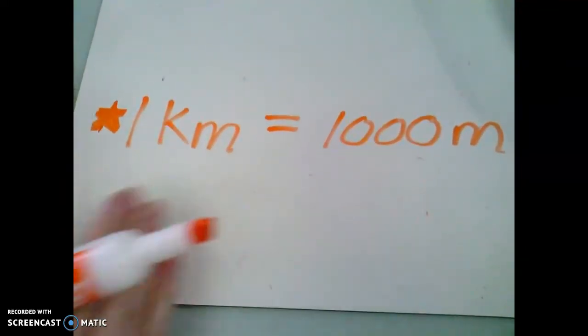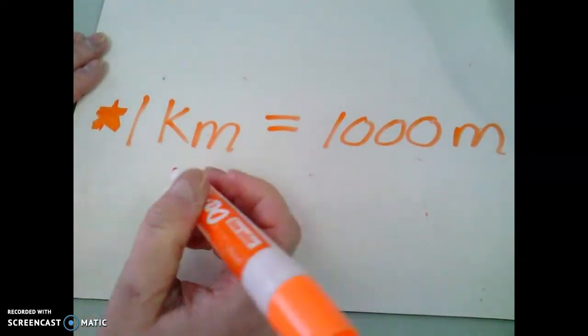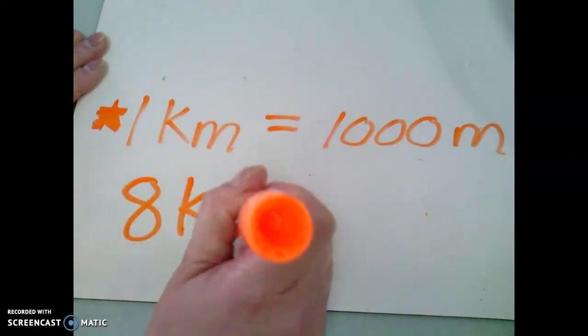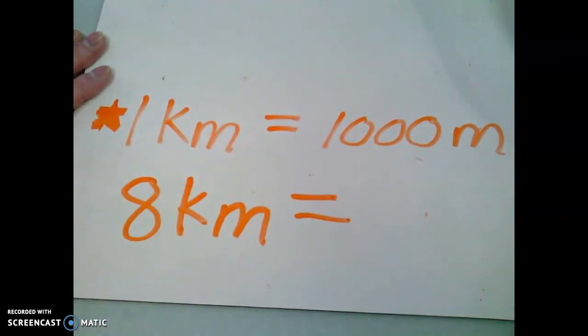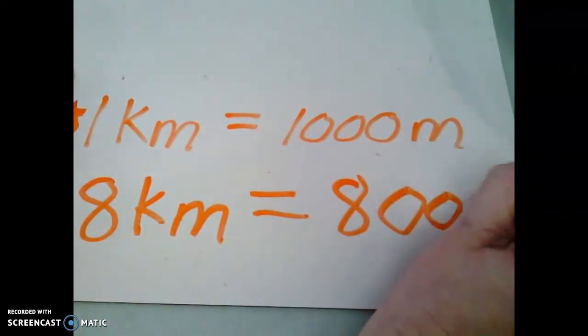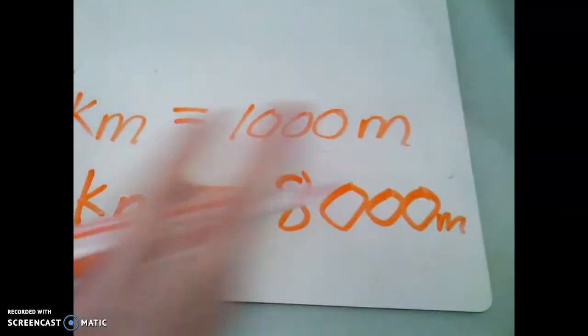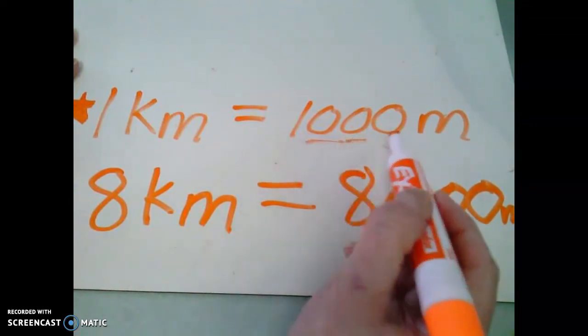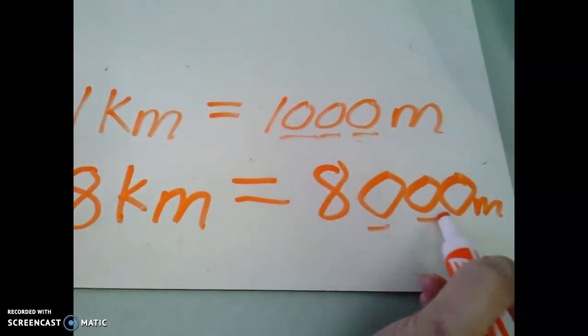So if I have a number like this, let's say I have 8 kilometers, I would have 8,000 meters. Okay? Really have to look at the zeros. 1, 2, 3 zeros.